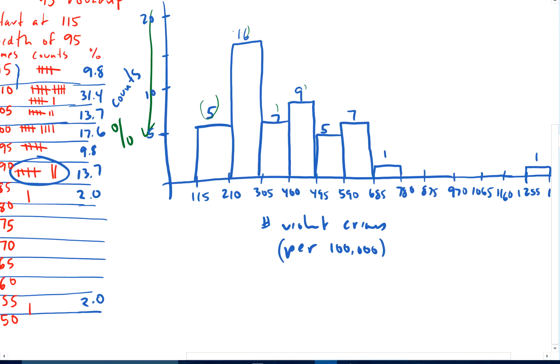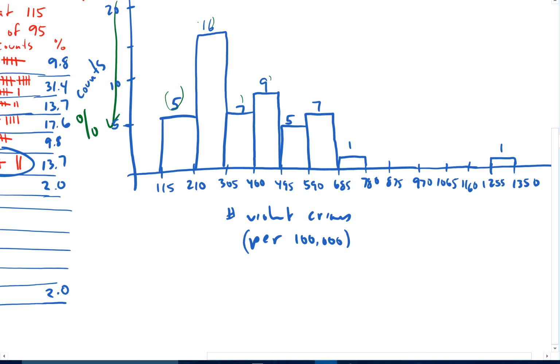The last question is, what's the shape of this? It's real easy to want to say, oh, it's skewed to the right, and it's skewed to the right in that sense only because you have this high one here. This one really needs to be up here for it to really kind of go downhill. I mean, it kind of is a little bit, so it's slightly skewed. It's not your typical strongly skewed.